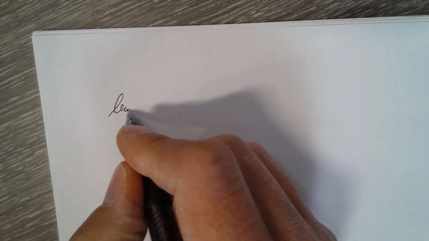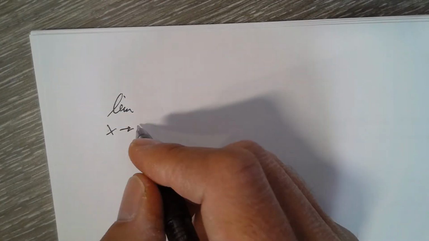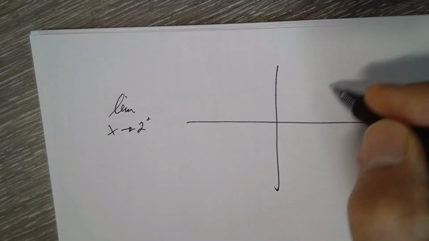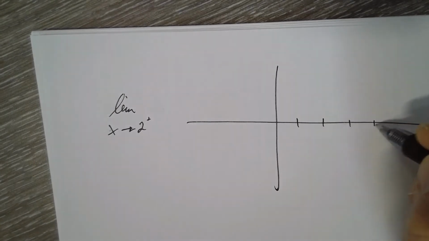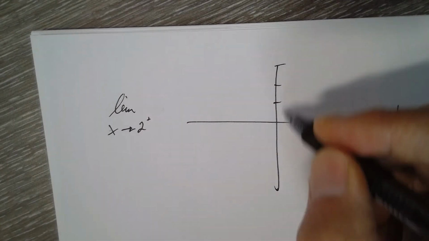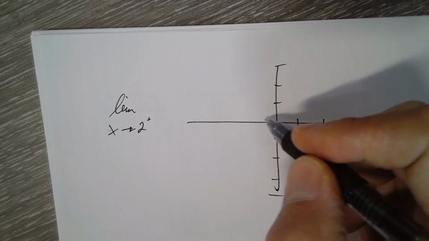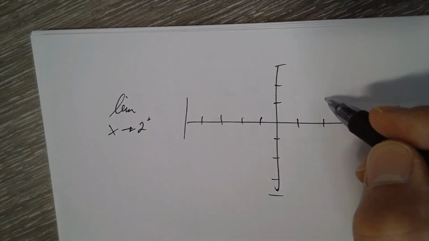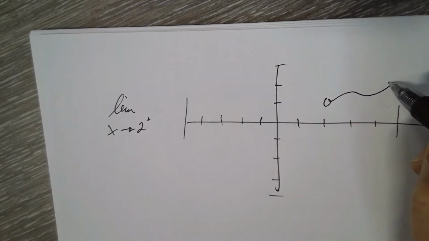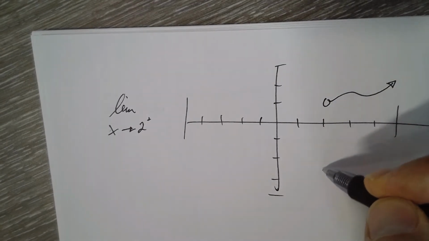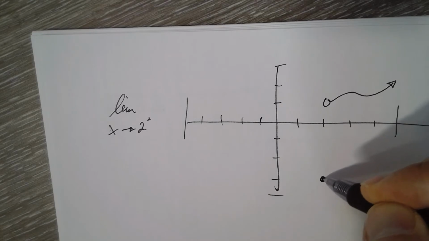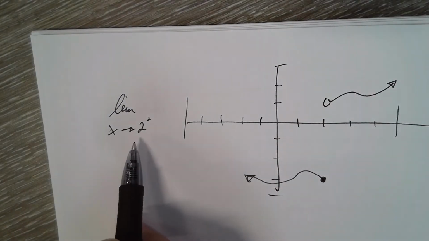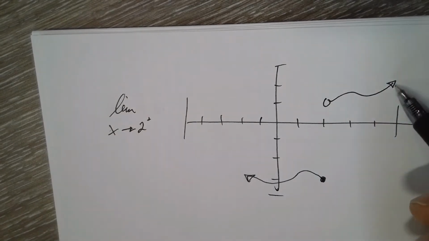So if I want to find the limit as x approaches 2 from the right, here's my function. So the limit as x approaches 2 from the right.